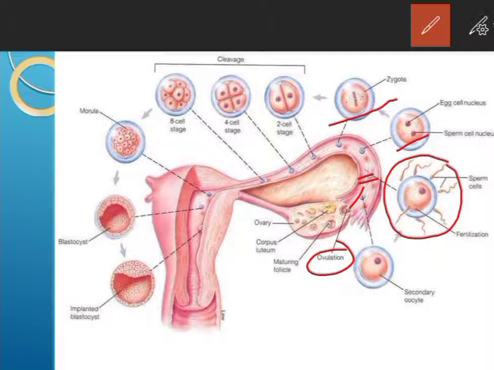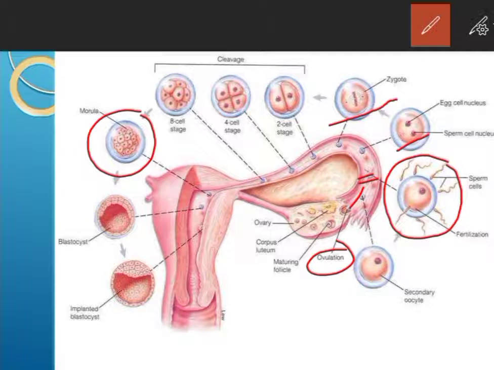During the cleavage, the young embryo is slowly moving down the fallopian tube towards the uterus, and the events which take place are, number 1, the embryo with 8 to 16 blastomeres is called morula. This is morula. You can see the 2, 4, 8, 16 blastomere cell stage, that is, morula is formed.